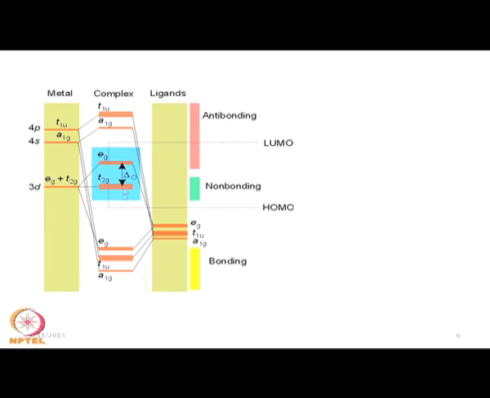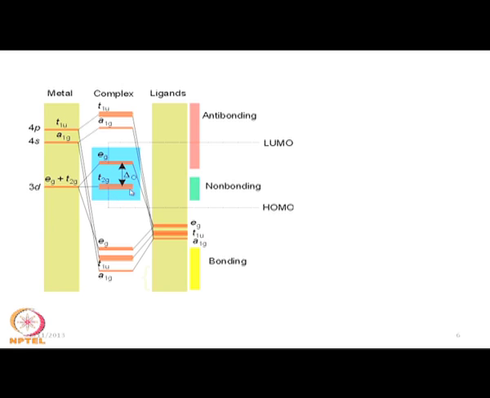So, we have the corresponding HOMO-LUMO gap, and due to these sorts of interactions we modify the HOMO-LUMO gap. And interestingly, we do not have any control over the energy level of this eg level.